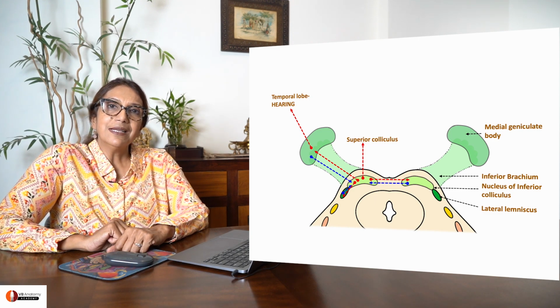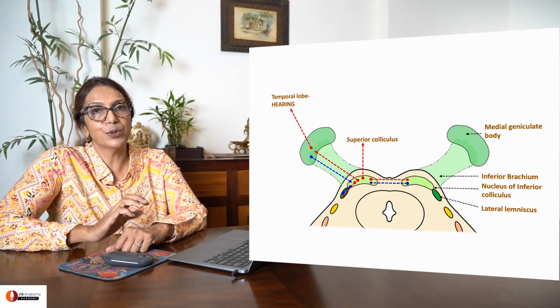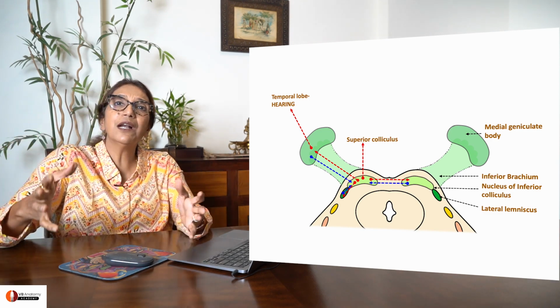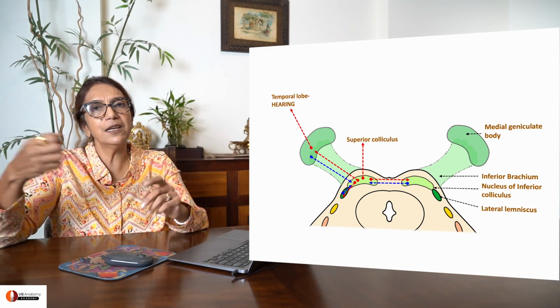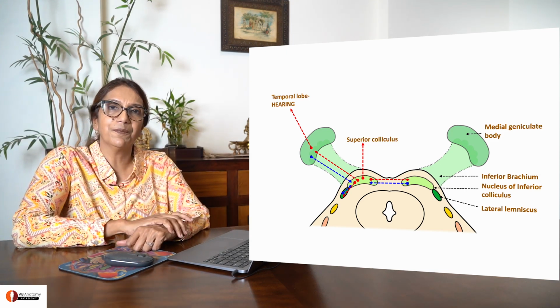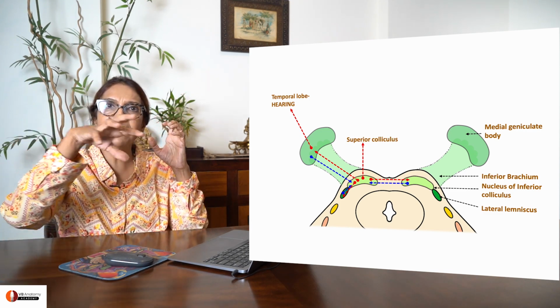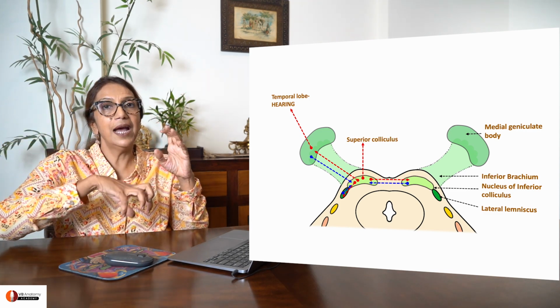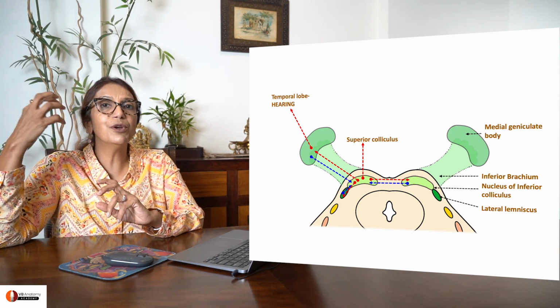This is called modulation of sensory input. Suppose you are standing in a very crowded place and you are trying to chat with your friend. Everybody is making noise, yet you can hear what your friend is saying. How can you hear? Because your auditory cortex is suppressing the surrounding sound and is helping to modulate the sound coming only from your friend.